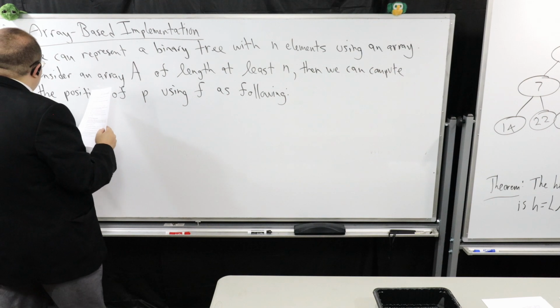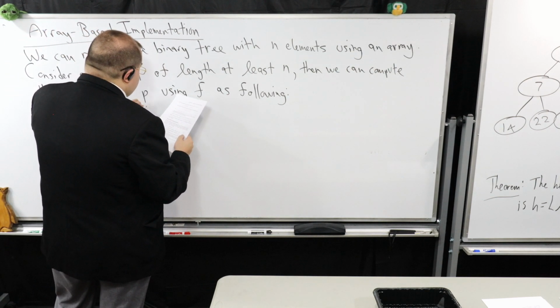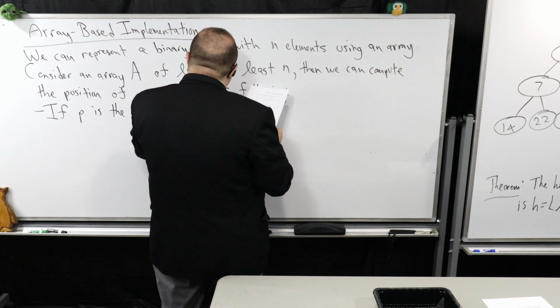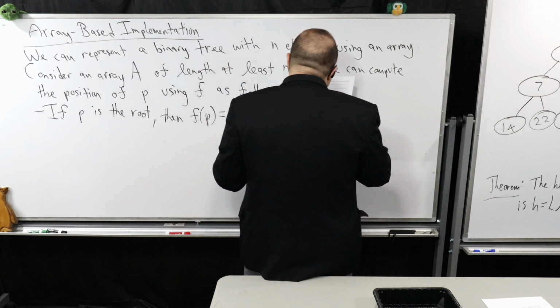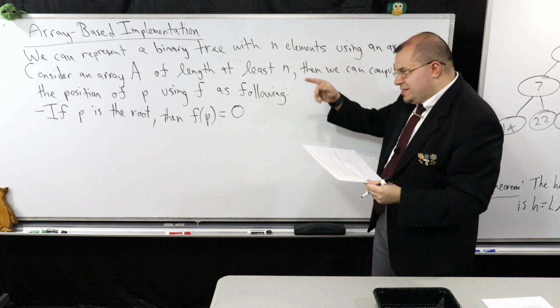So if P is the root, then we're going to say that the position of P in the array is going to be 0. So it's going to be sitting in the very first position of the array.